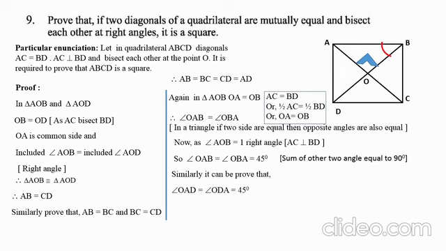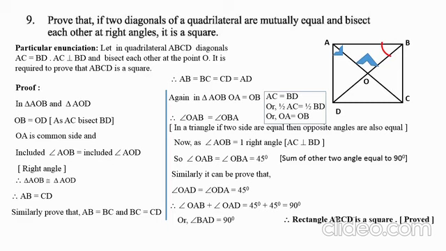Now similarly we may prove that angle OAD equals angle ODA equals 45 degrees. That is, if I add angle OAB with angle OAD, we get 45 degrees plus 45 degrees equals 90 degrees. That is, angle BAD equals 90 degrees. So we may say rectangle ABCD is a square.